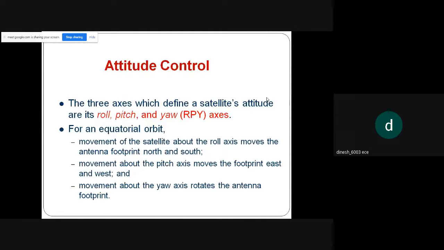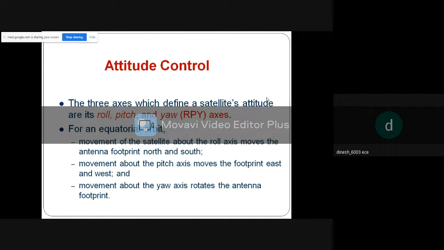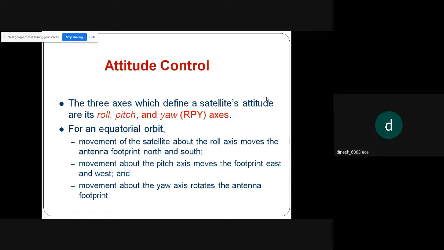Okay. So these 3 axes define a satellite's attitude control. So for an equatorial orbit, the movement of the satellite about the roll axis moves the antenna footprint north and south.